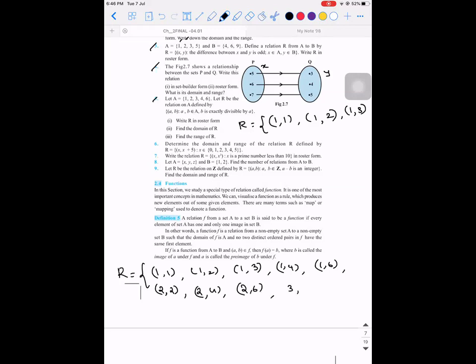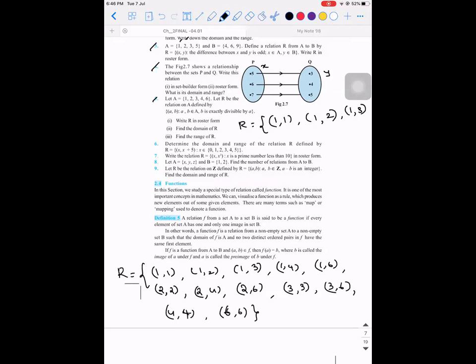The least number divisible by itself is 3, so (3, 3) and (3, 6). Next I should choose 4: (4, 4). Is there anything else? No, sir. Next one, (6, 6). This is how you write it.